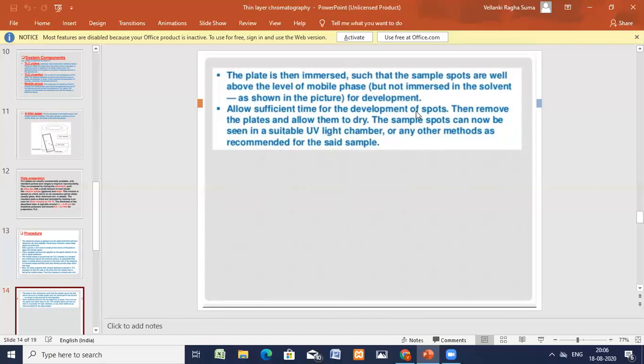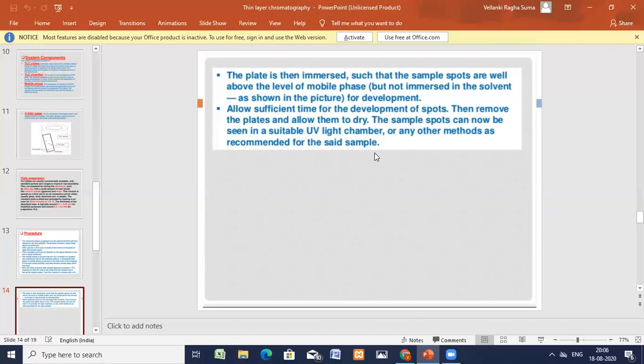Each component moves with a different speed, one slow and one fast, and they stop at one place on the plate. Then remove the plate and allow it to dry. The sample spots can now be seen in the UV light chamber or by any other recommended method.